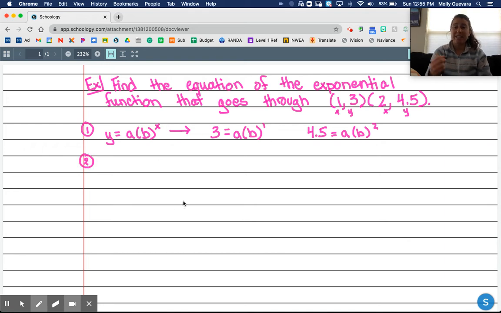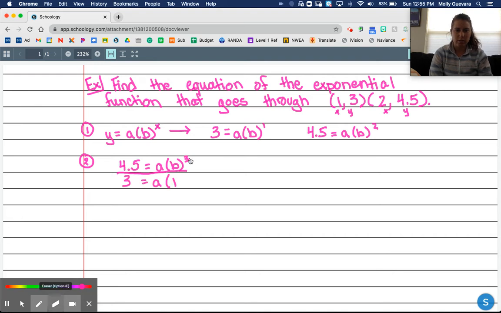Step 2 says to stack these. Now, I always like to stack it with whatever exponent is biggest on top, but it doesn't matter. So I'm going to do 4.5 over 3 equals a times b, oh sorry, this is not to the third, this is squared, over a times b to the 1.